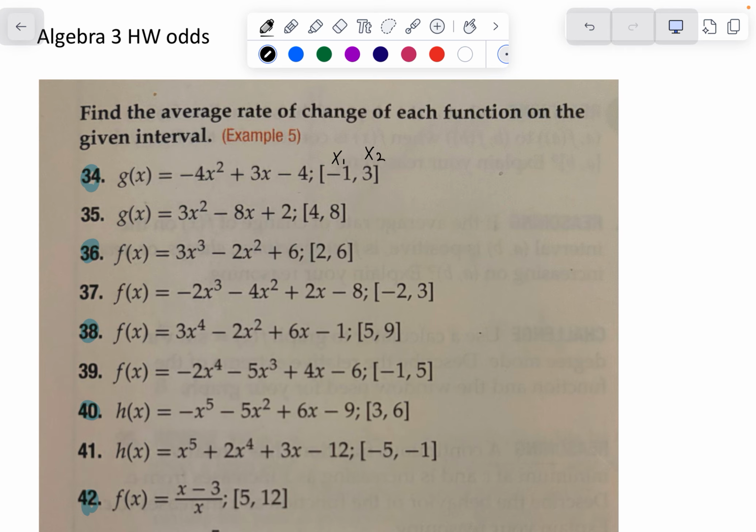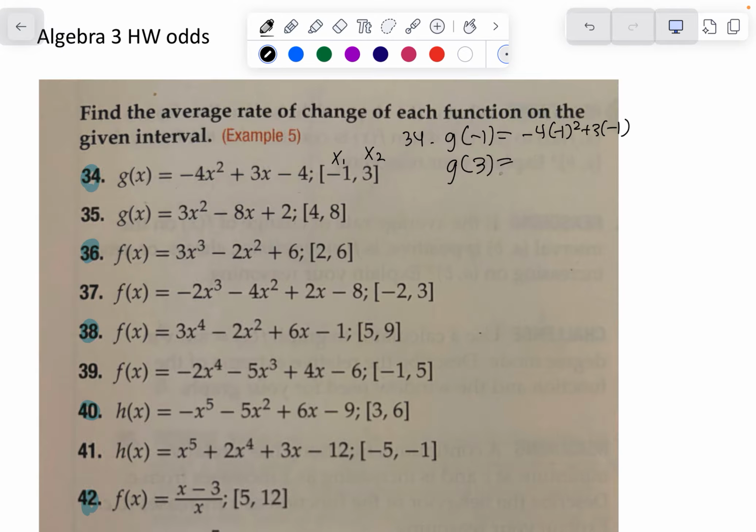So for 34, we've got to plug into our g function -1, and we've got to plug in 3. So you're just plugging those x's into the function to find out what the matching y's are. If we plug in -1, and don't forget half the function, Mrs. Hott, it's -4 times -1 squared plus 3 times -1 minus 4.